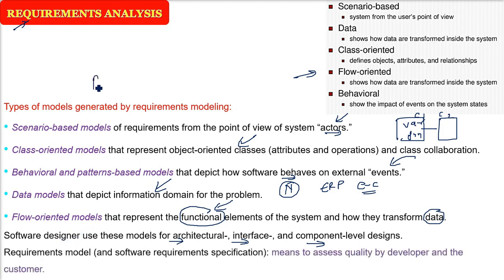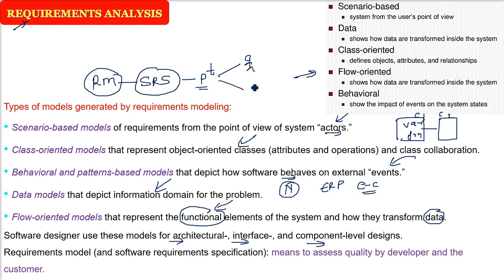For example, you have created a software requirement specification. Once you have done this, it will be helpful to you and also to the customer or stakeholder. That is, the quality of the software can be assessed. The quality can be verified and validated by means of the requirement model which has been created. Let us say we have created the SRS, Software Requirement Specification.